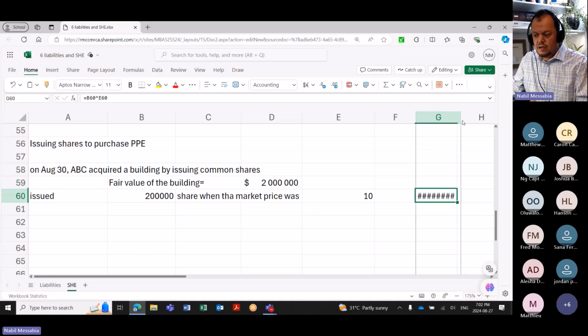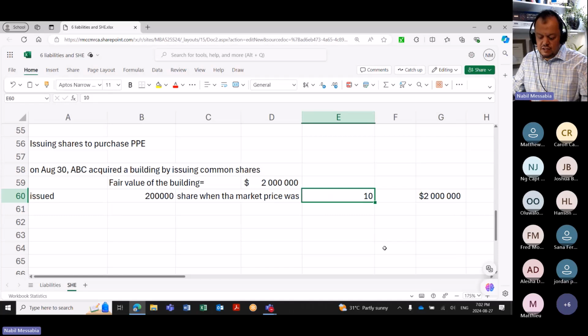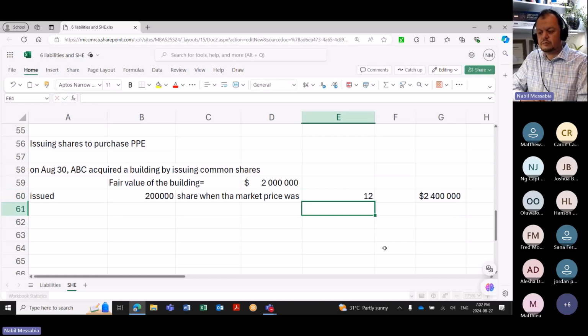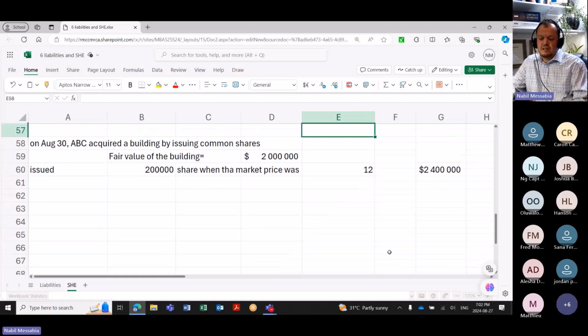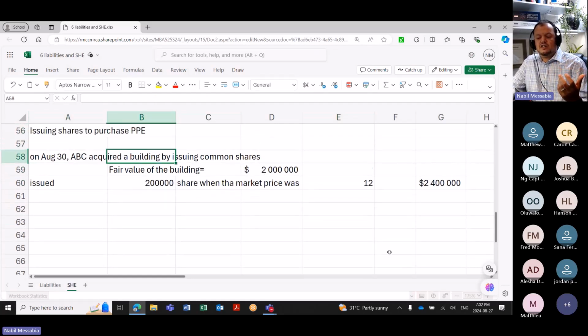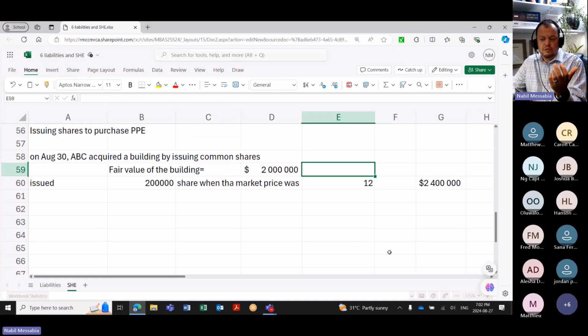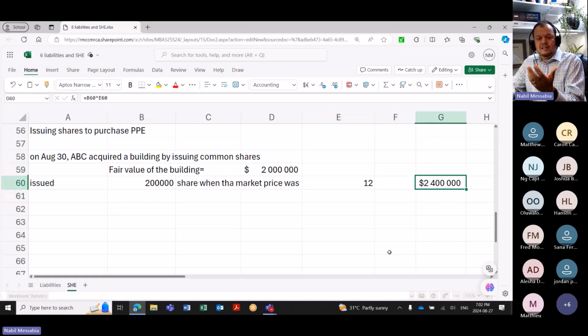Okay, and then it was listed at, let's say, $12. Okay, this was the market price. So I have two numbers here. Should I account for the building at 2 million at its fair value, or at 2,400,000, the fair value of the shares? This is the problematic situation accounting.